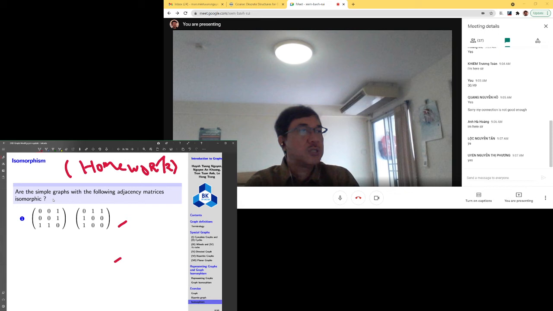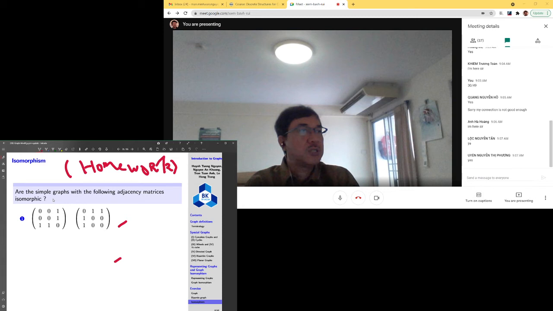Now we don't have the adjacency matrix, but I give you the incidence matrix. So again, this is G1 and this is G2, and the matrices here are not adjacency.